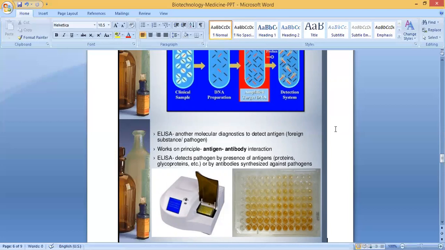These molecular diagnostic methods, even PCR, we always use to find disease in the early stages.